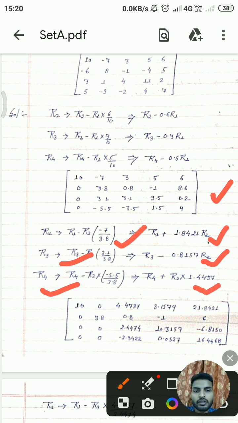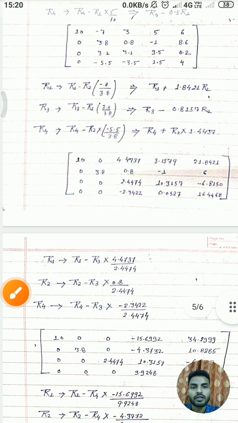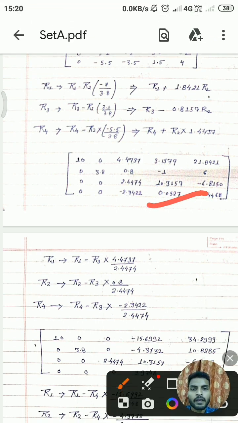After this, we get this matrix, and from this matrix we convert row 1 to R1 minus R3 times 4.4737.